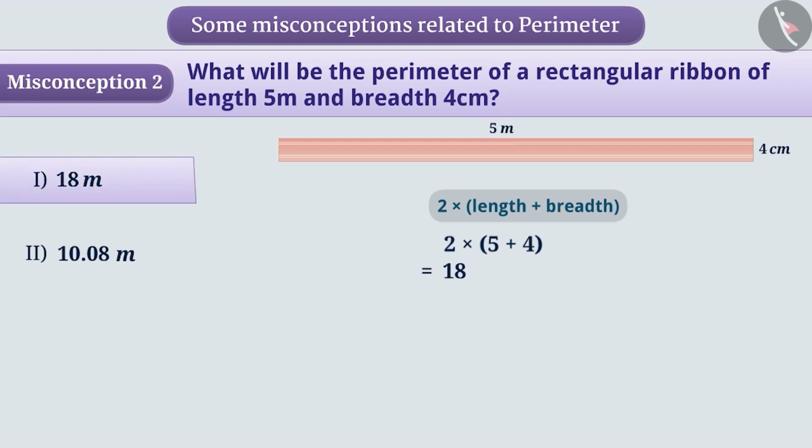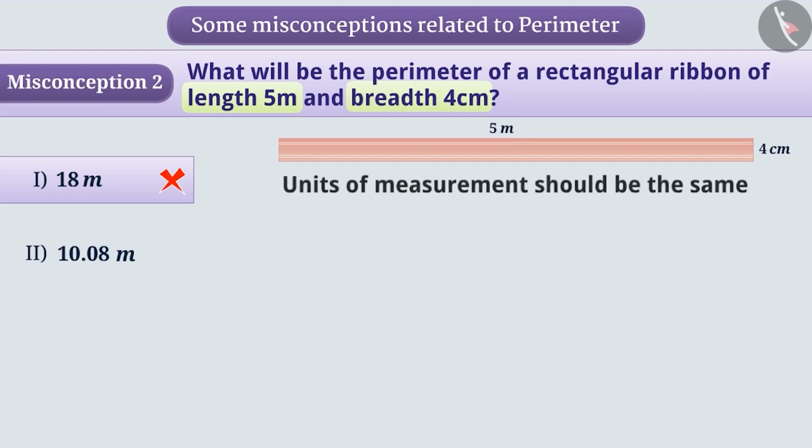They see this number in option 1, so they select option 1 as the answer. But this is an incorrect answer. Here, the length is given in meters while the breadth is given in centimeters. Both units of measurement should be the same.